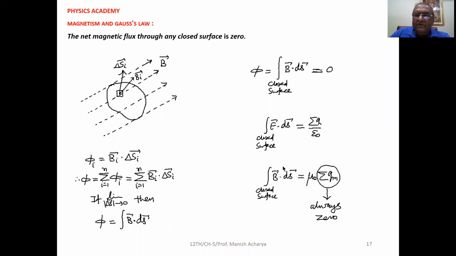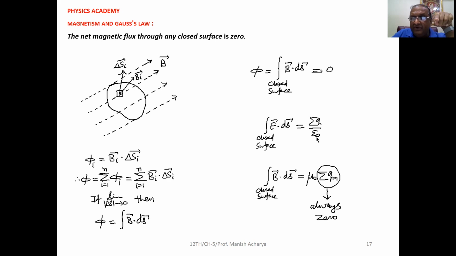Clear? Now see, for electrostatics, we write Gauss's law as integration E dot dS over the closed surface equal to sigma q upon epsilon 0. Now, exactly like this, if we write Gauss's law for magnetism, then integration B dot dS over the closed surface, that is the magnetic flux through any closed surface, is equal to, now the constant of magnetics, mu 0.